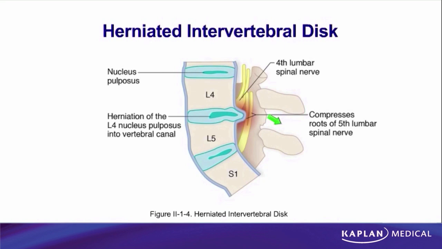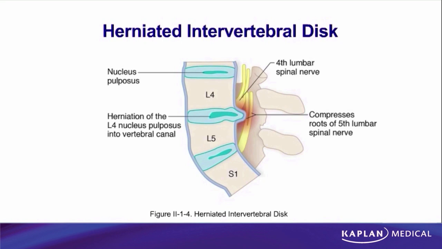When a herniated nucleus pulposus occurs, and if that herniated nucleus pulposus compresses one spinal nerve, sometimes it's such a large herniation that it can compress more than one spinal nerve, but if it's compressing one spinal nerve, the nerve that it will compress will be the nerve with the same number as the vertebra below the disc.